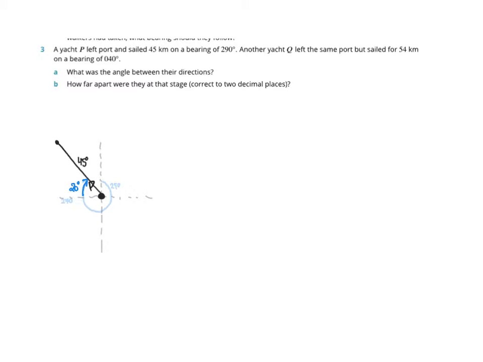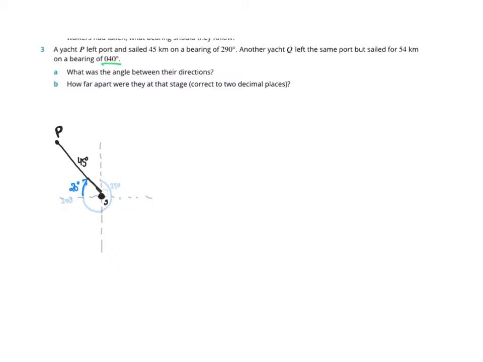Another yacht left the same port and sailed 54 kilometers on a bearing of 40 degrees. Sorry, we should probably say that was yacht P out there, and maybe just call this bit the start. Okay, so yacht Q went out on 40 degrees, so 40 degrees going from the north.